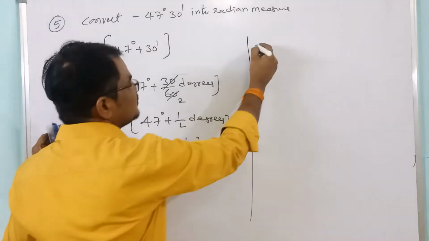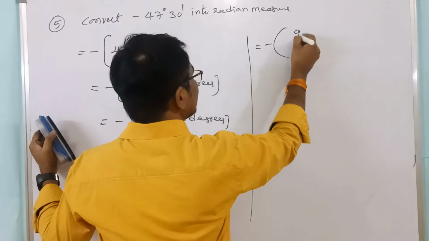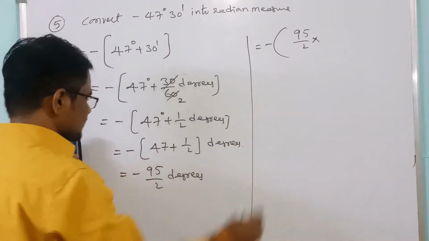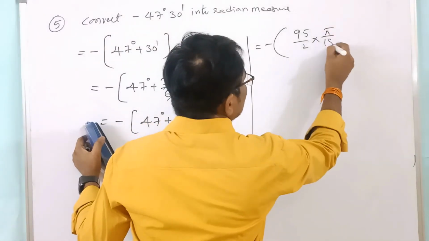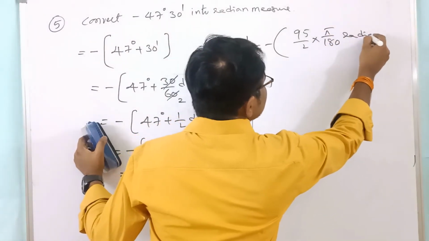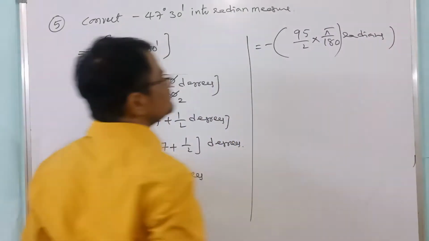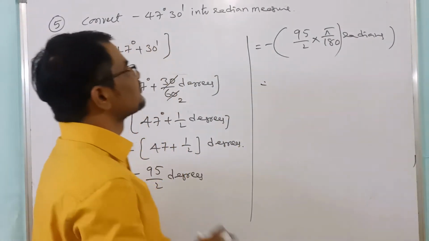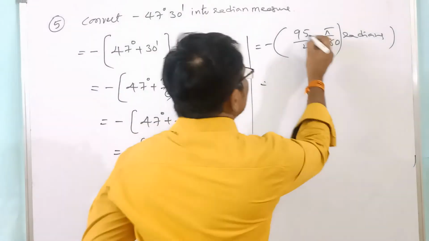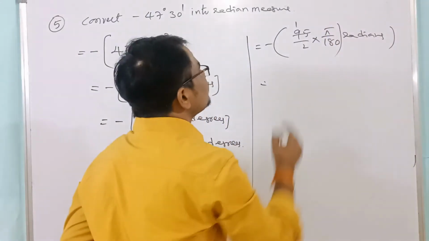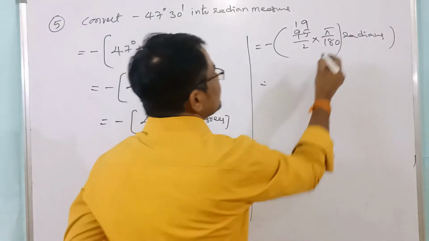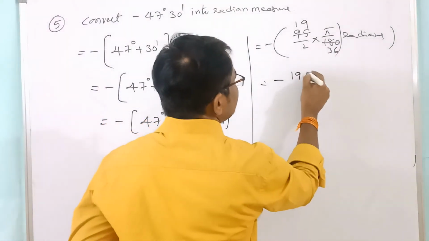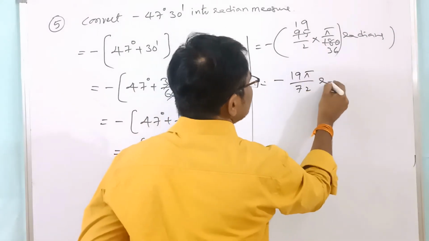That is equal to minus of 95 by 2 into pi by 180 radians, right? That is equal to cancellation. So 5 one time, 19 times 36, minus 19 pi by 72 radians.